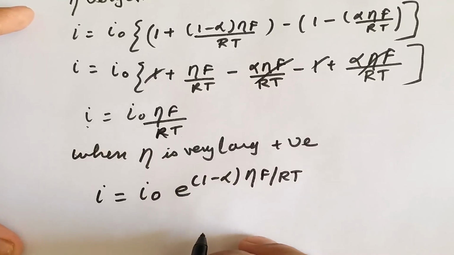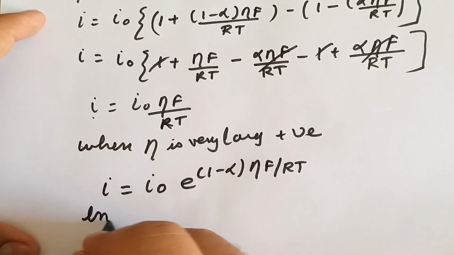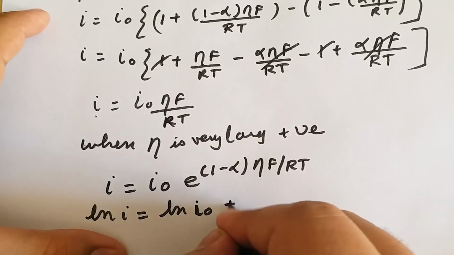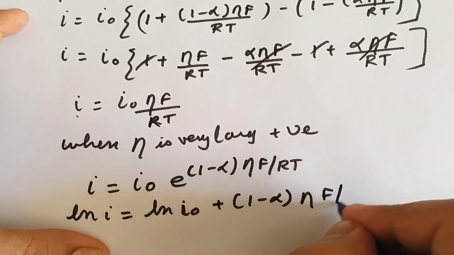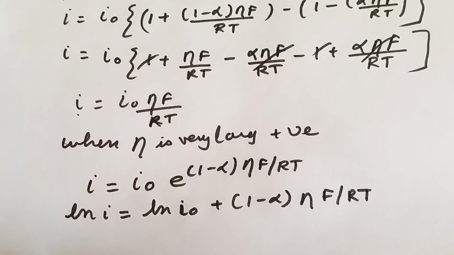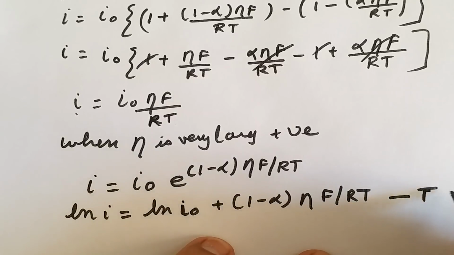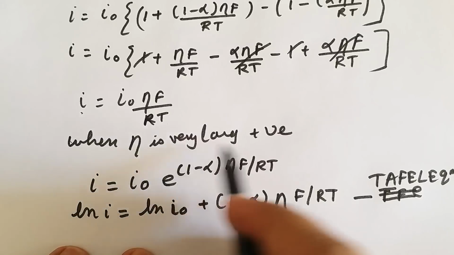So this will be the relationship, and when we take logarithm on both sides, we will have ln I is equal to ln I0 plus (1 minus α) ηF/RT, and this relation is known as the Tafel equation. So this condition is when η is very large and positive.